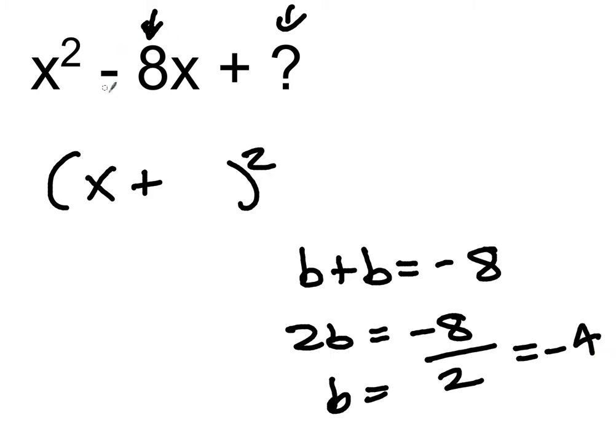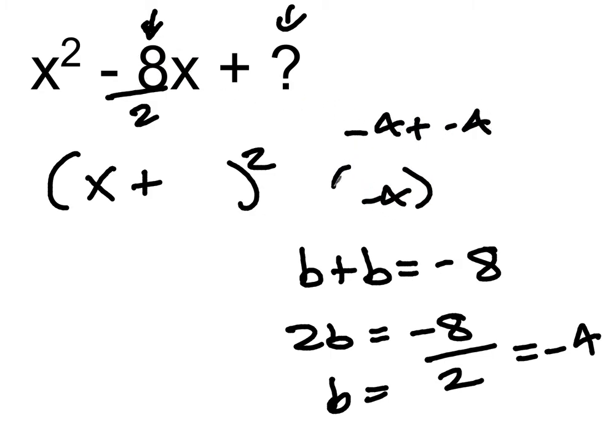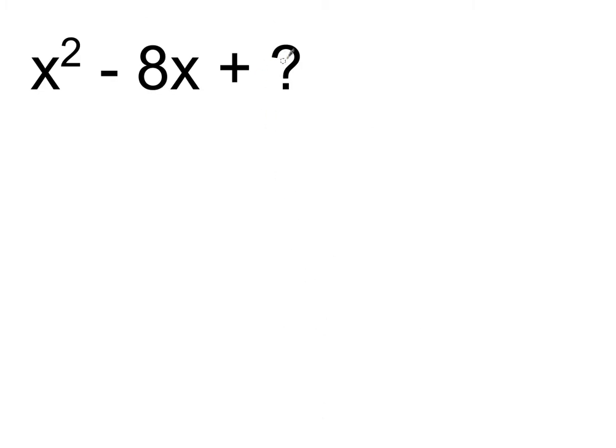So what I need this to be is whatever this term is divided by 2. So if this is negative 4, and I'm adding negative 4 plus negative 4, that's how I get negative 8. If I multiply negative 4 times negative 4, that gives me positive 16. That's what needs to go here in this question mark. So this question mark should be 16.